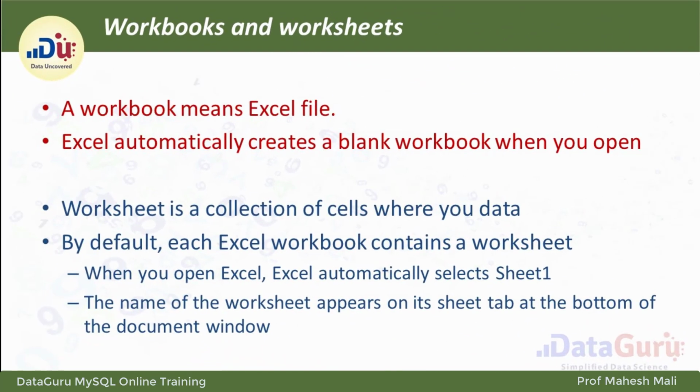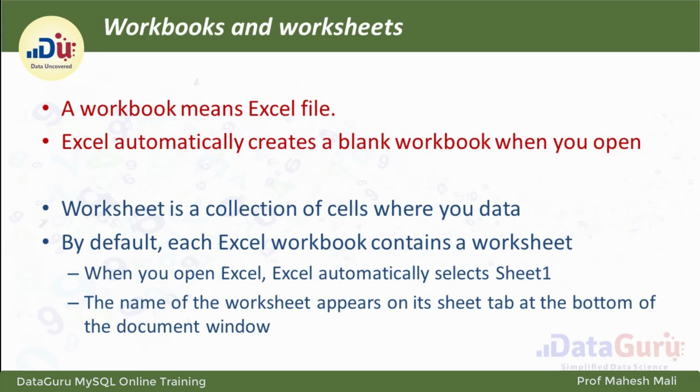This is the name box. Okay, so let us move on to the basics: workbook and worksheets. Workbook means your entire Excel file is called a workbook. Okay, and by default your Excel creates some blank worksheets.